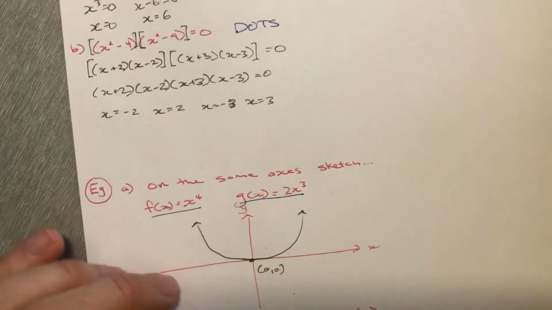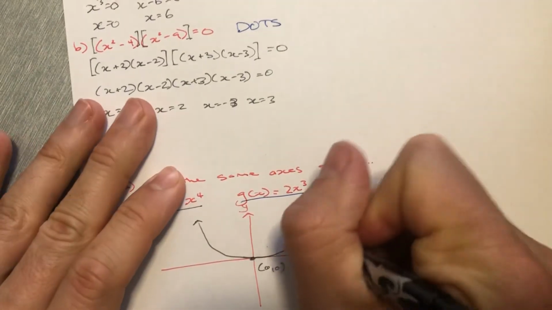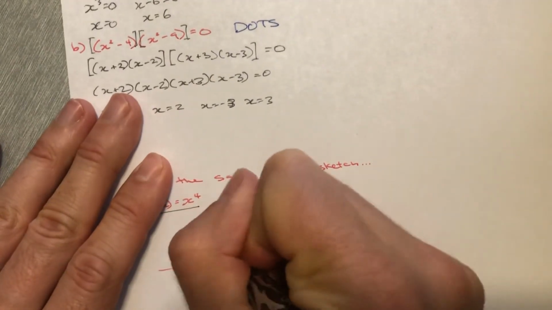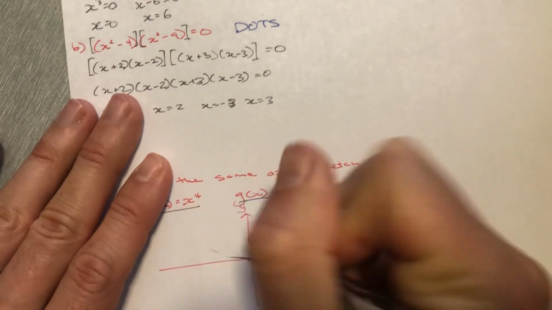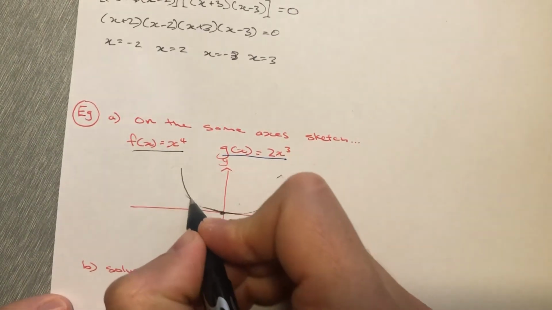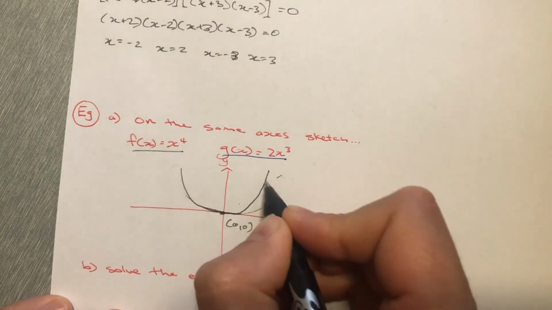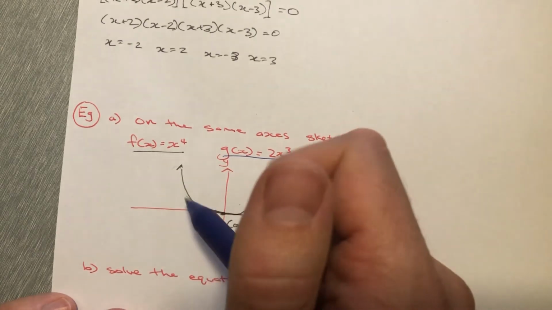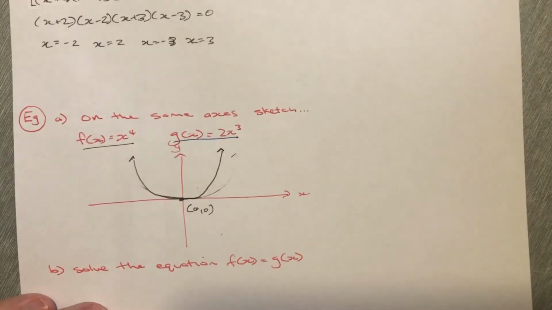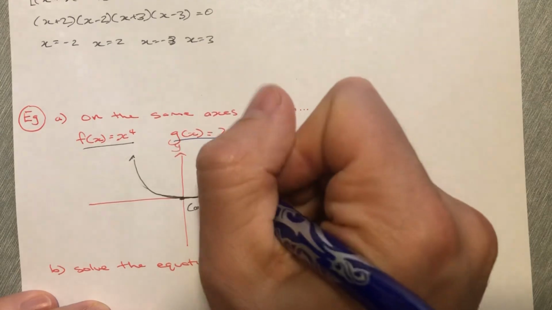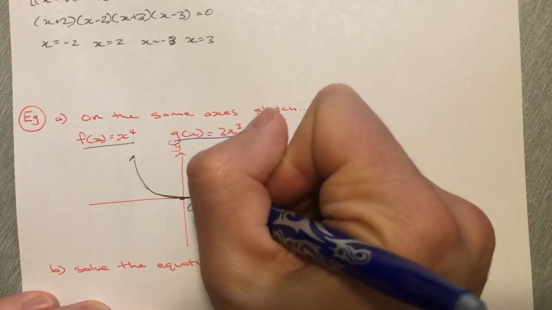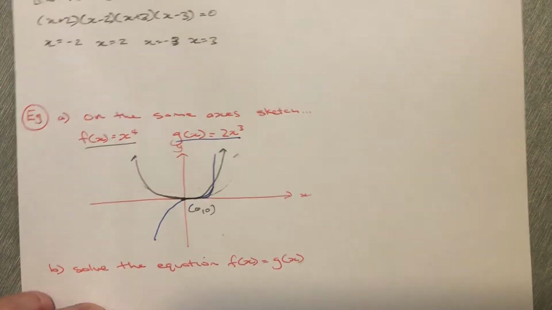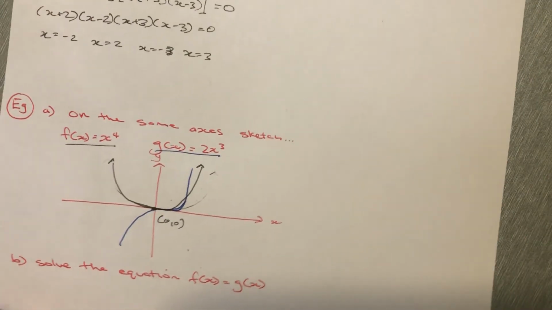So I'm going to make that a bit thinner. There you go, something like that. Now our other one is going to look something like this. It'll come down and then, this one's really dodgy, but it should go something like that. Actually, I'm going to start this whole thing again because that looks bad.